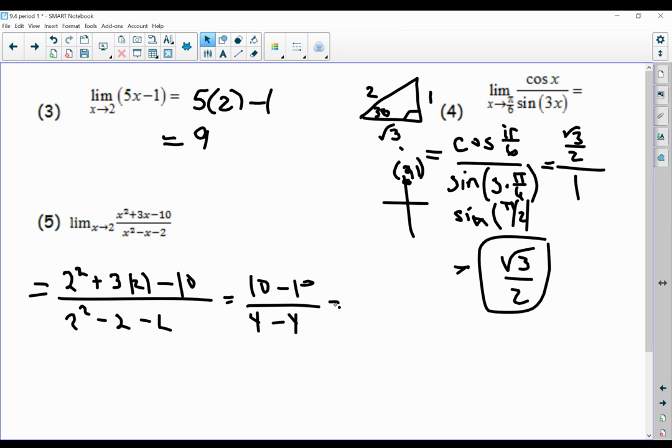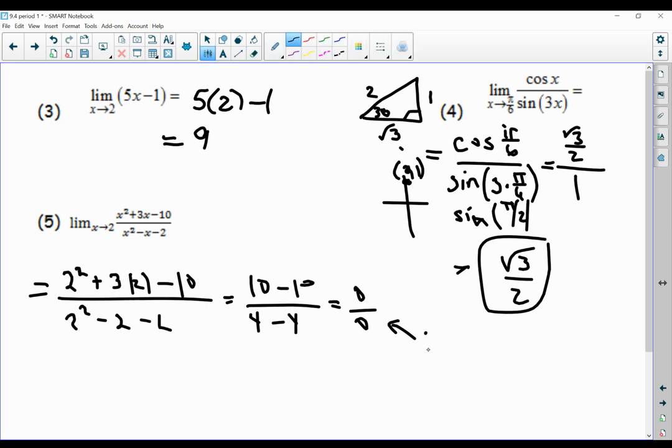Okay, now look at this, guys. I end up getting 0 over 0. That does not exist. Okay, if it was like 7 over 0, then I would say the limit doesn't exist because it's not a real number. If it was 0 over 7, I would just say it's 0. But since it's 0 over 0, that's an indeterminate, okay?